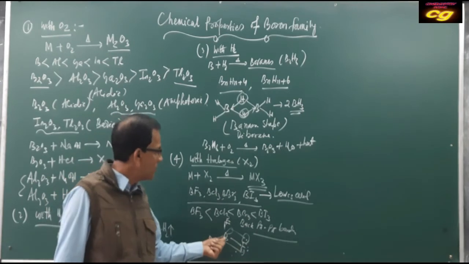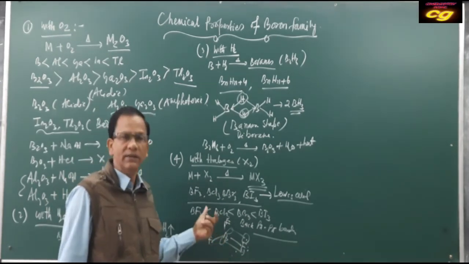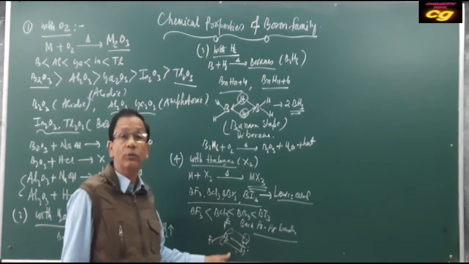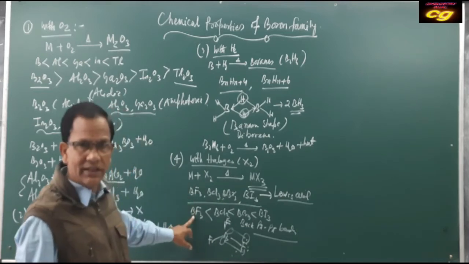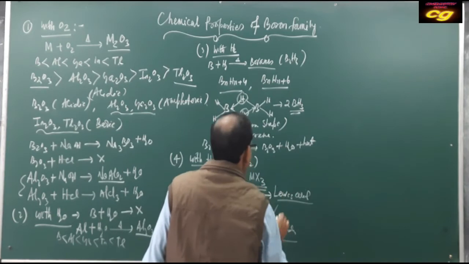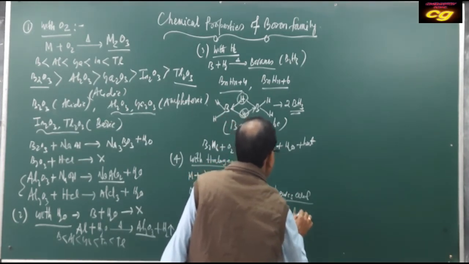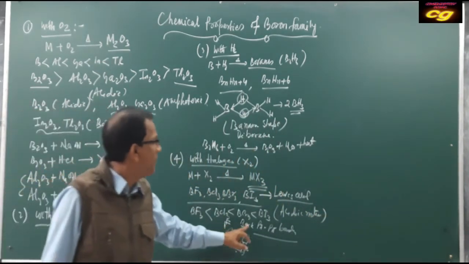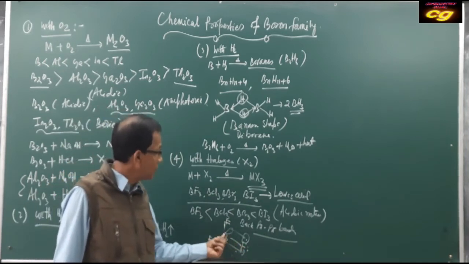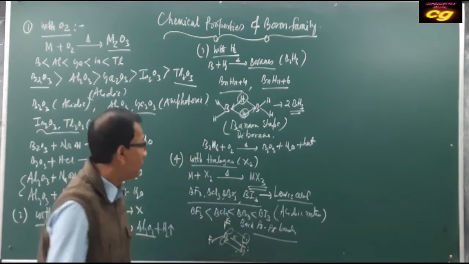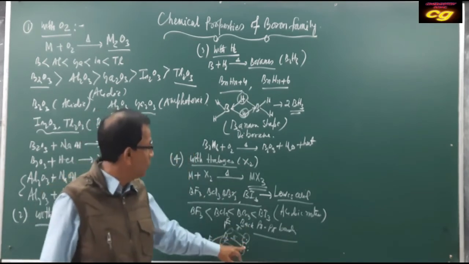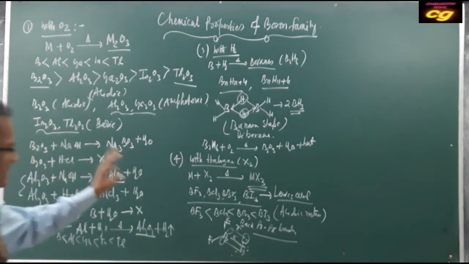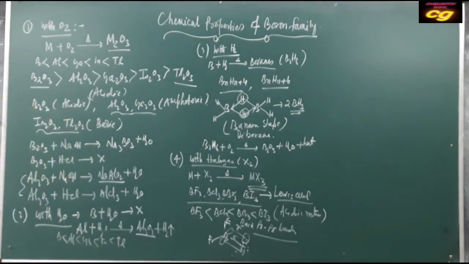That's why the electron deficient nature of boron is satisfied, so it will not behave as a strong Lewis acid, and the acidic character of BF3 will be least. Why is BF3 the least acidic? The acidic nature of BF3 is least due to back p pi bonding. That means after formation of the sigma bond, a pi bond is formed between fluorine and boron. That's why the acidic character of BF3 is least. That is a very important question also.